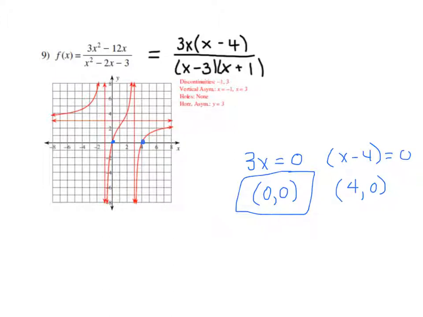Now, here's another thing I want to point out before we wrap this up. You can see the horizontal asymptote. And you've been taught that an asymptote is a place where the graph gets close to but doesn't cross. There is an exception, and here it is right here. If I have two vertical asymptotes, sometimes the graph between will cross a horizontal asymptote.